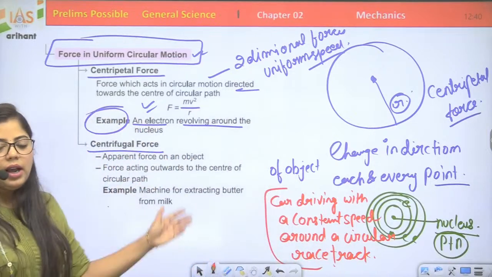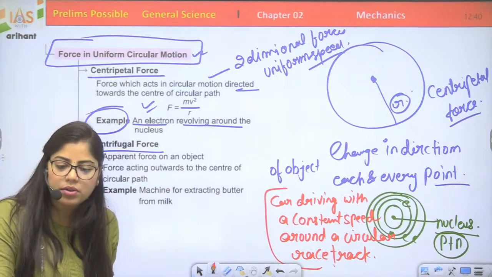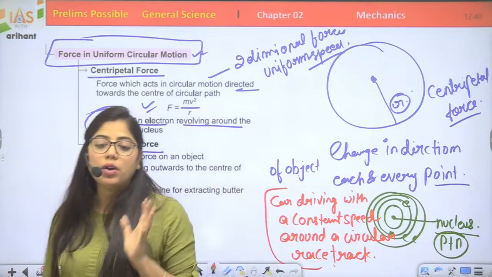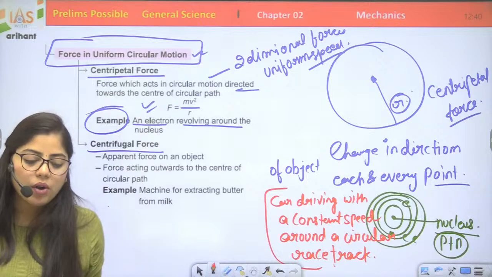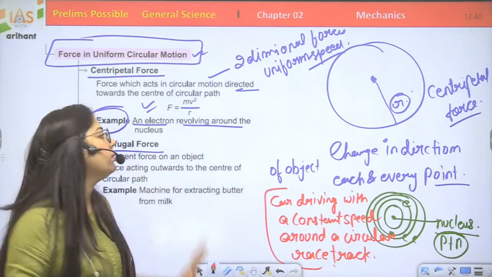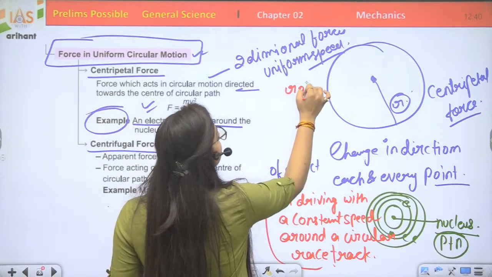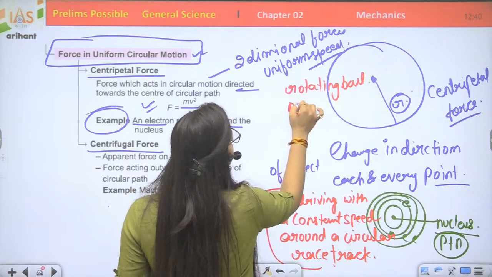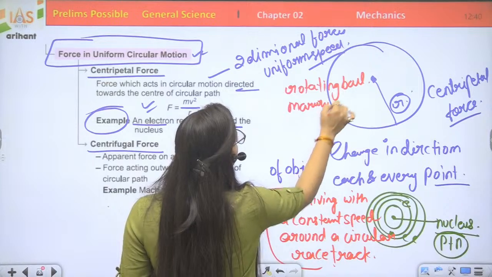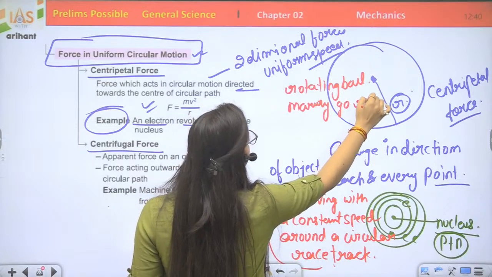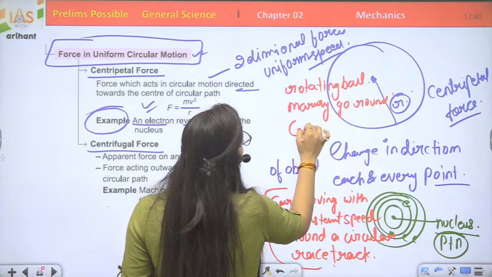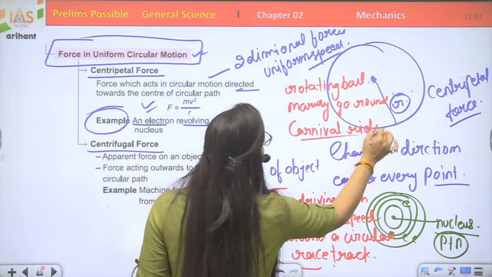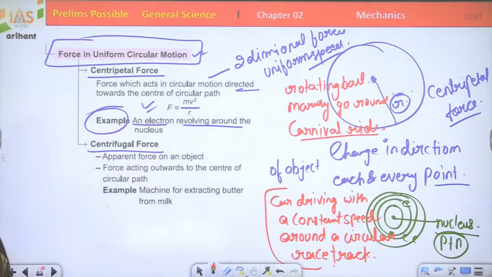All right. Another example of centripetal force is the constant speed motion of a carnival ride, merry-go-round or rotating ball. All these are examples of centripetal force.